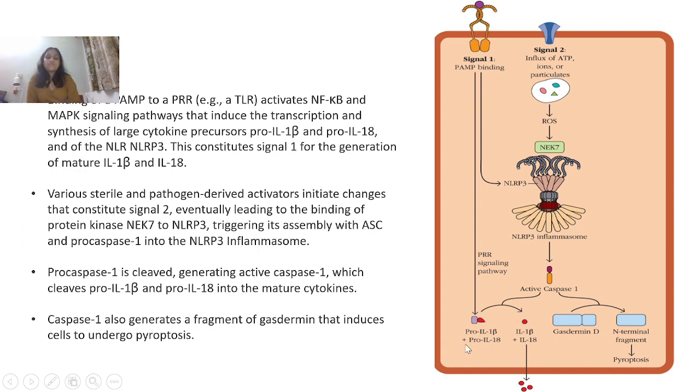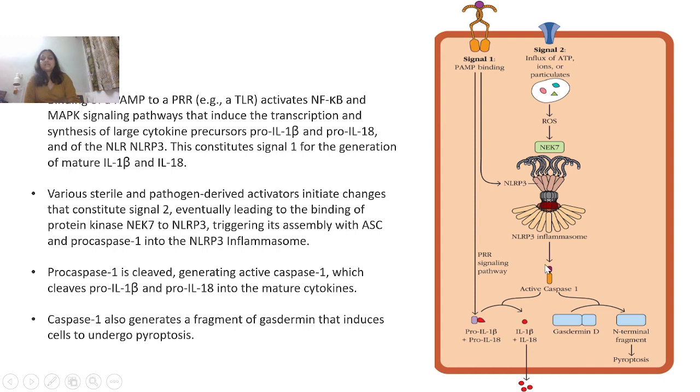So these pro forms are the precursor forms, so they need to be cleaved into mature forms. Here, as you can see, the NLRP3 inflammasome is inducing caspase, but caspase is also in the pro form, like all the enzymes present in our system, which are present as a pro or precursor form.